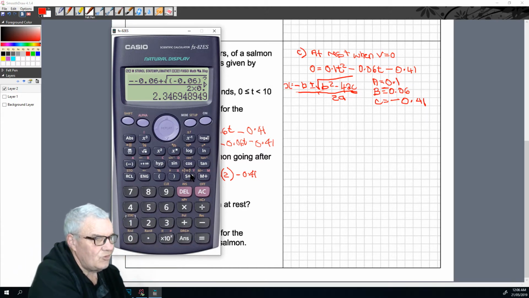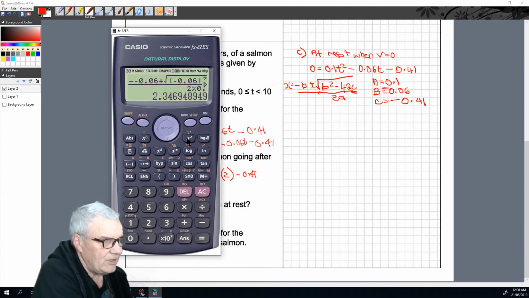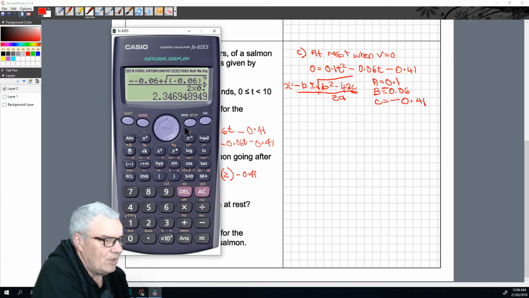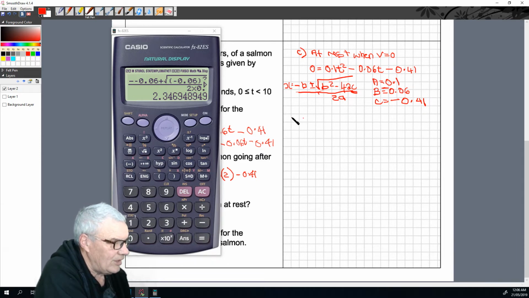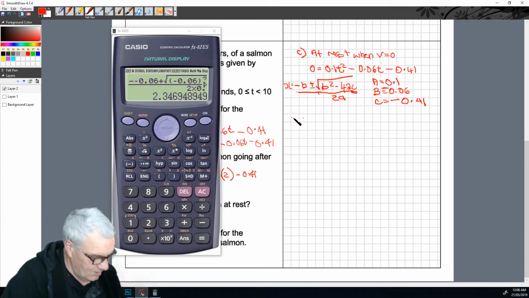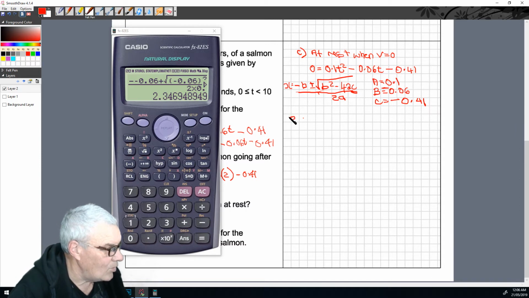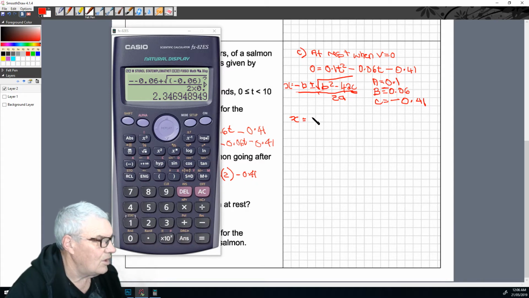So it just might have been something in the calculation there. It might have been that negative was sort of hanging out somehow and not included in that number. So that gives us that there, so we can come down here and say x equals, well, in this case, no, I'll cross that out, actually.